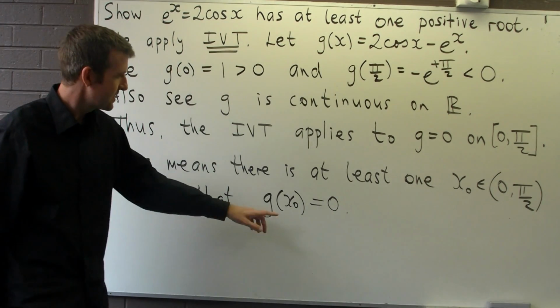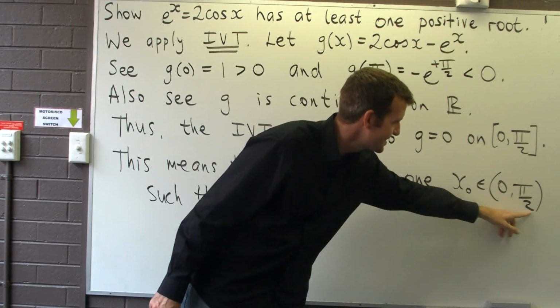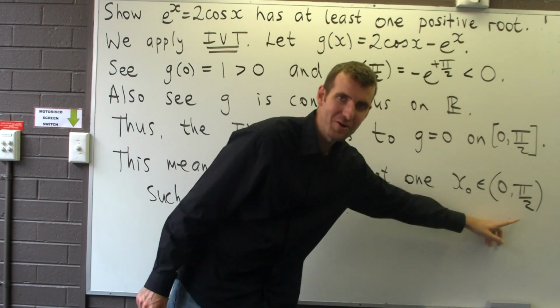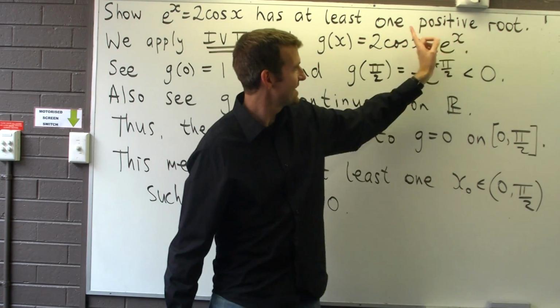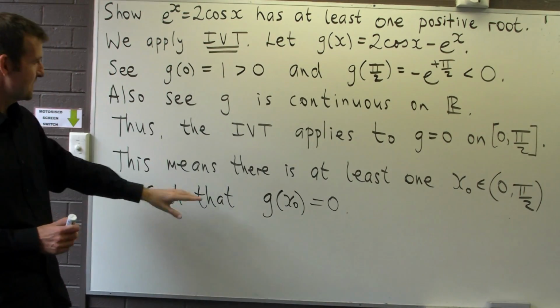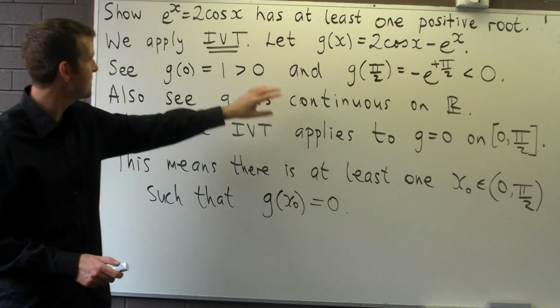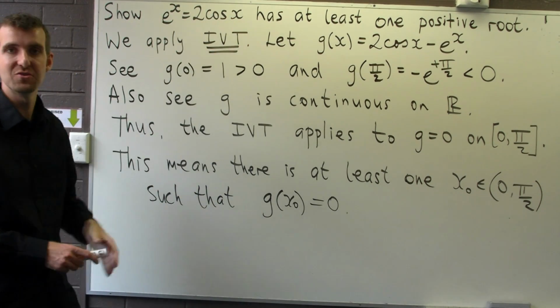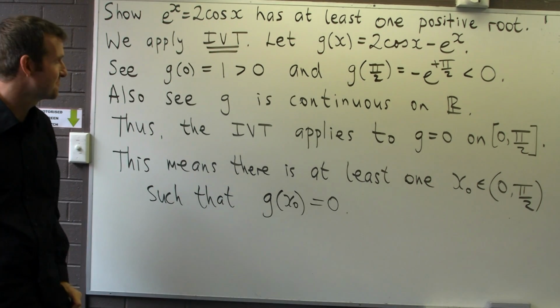In particular, notice that x naught's got to be positive, so it meets this constraint, and g of x naught equals 0 is the same as our original equation holding.